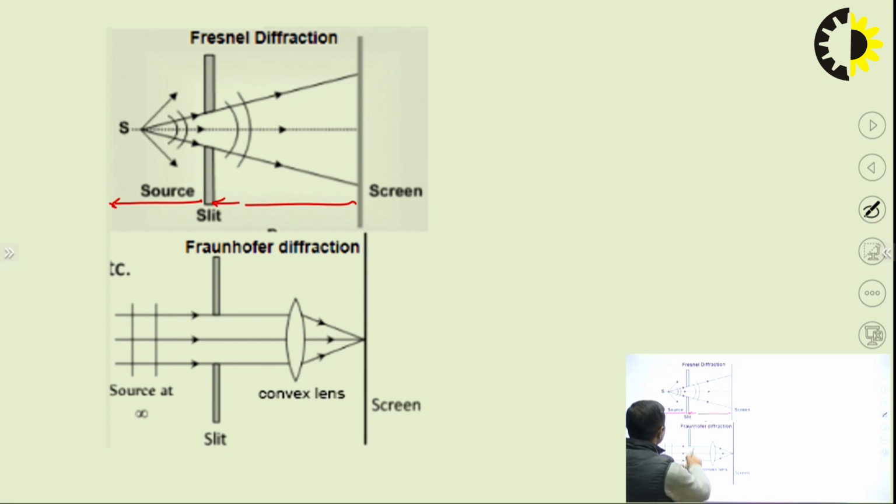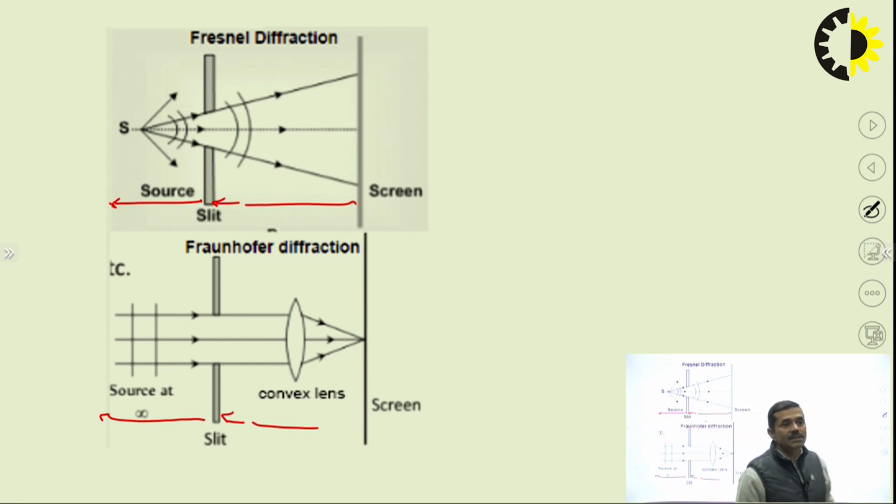But the second is Fraunhofer diffraction. You can see that the light source is at infinite distance from the slit, and similarly the screen is also at infinite distance from the slit. That's why in Fraunhofer diffraction we use lenses, because the light source will be at infinite or long distances.